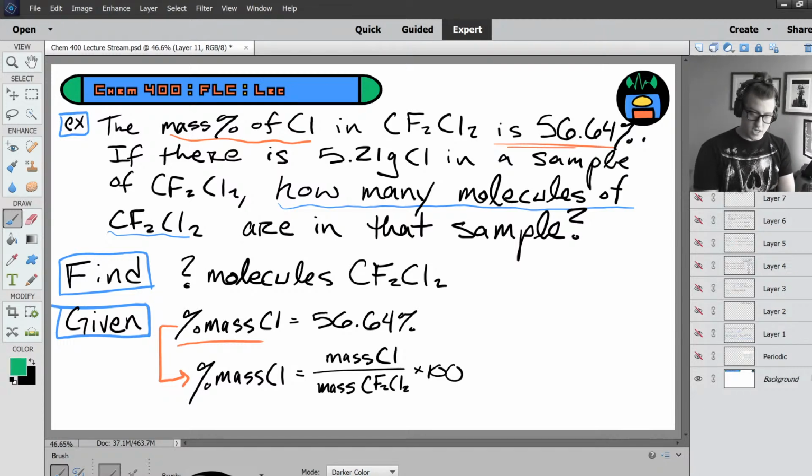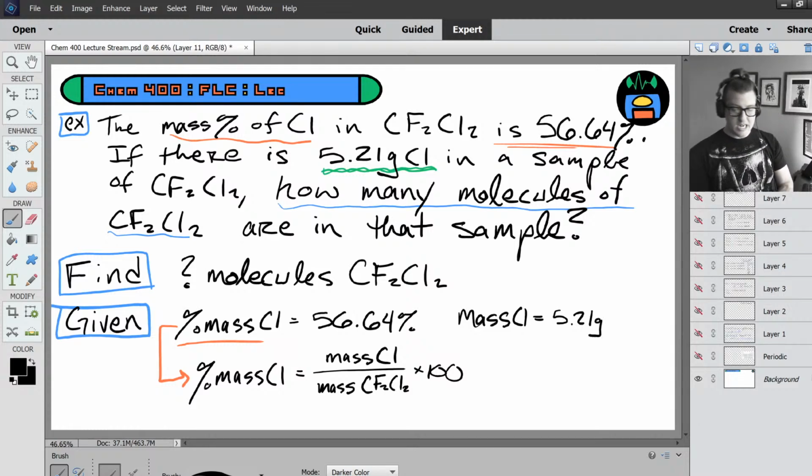Now, are there other things we've been given? There is actually. There's one last thing, and that is right here. We're actually given the mass of chlorine. We're told that the mass of chlorine in the sample is 5.21 grams.